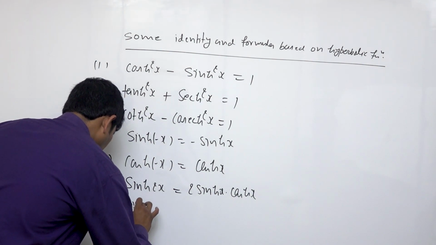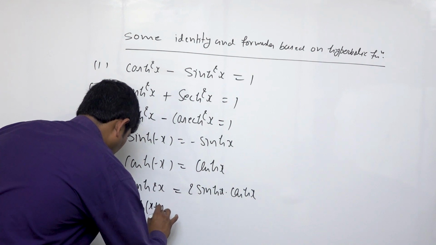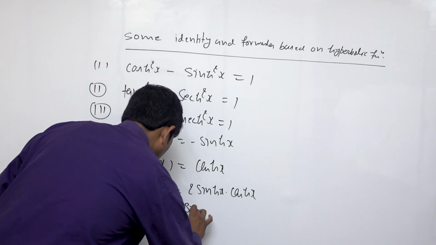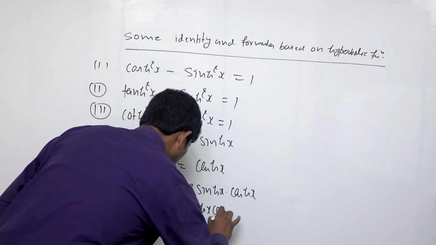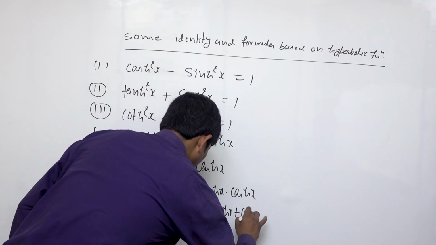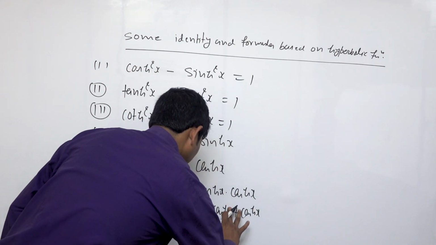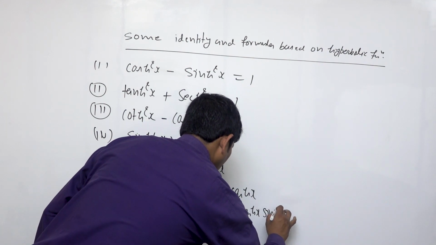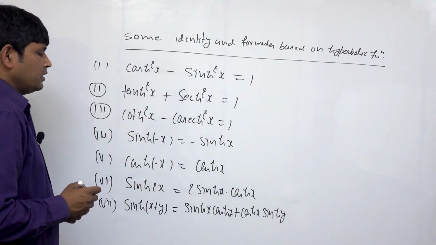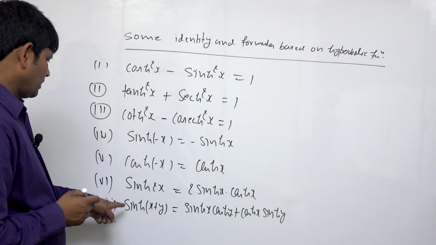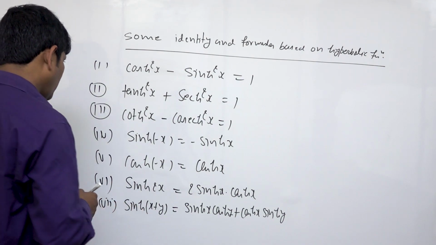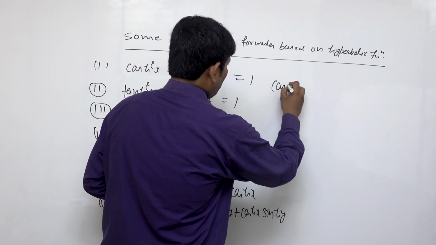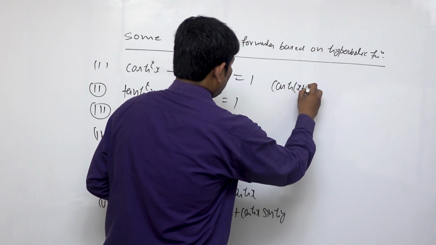Sinh(x plus y) is equal to what? Sinh(x plus y) is equal to sinh x cosh y plus cosh x sinh y. So that is the property in sine. And what happened in the cos? So let's see here in cosh(x plus y).